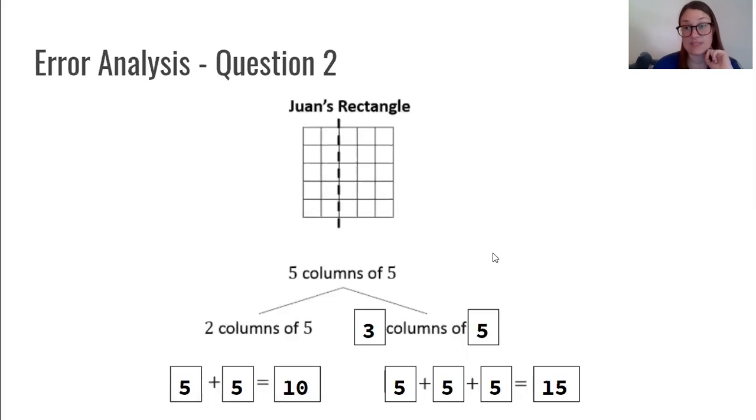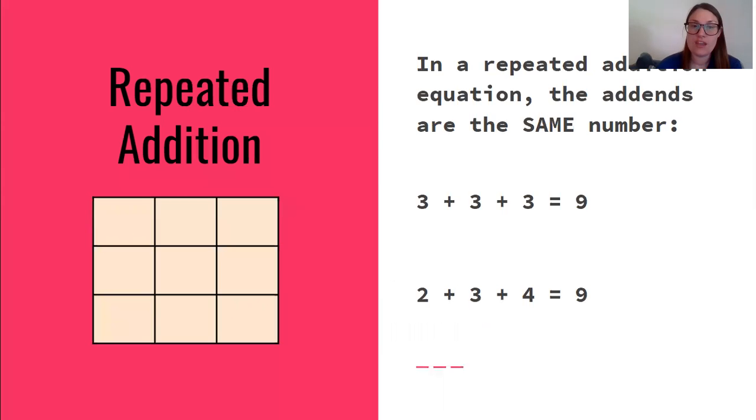And we know that 10 plus 15 is 25. So what Juan did is he simply split this array into 2 smaller parts so that he could figure out the total. Just like when we have the total and the part with the number bond. Okay. One more and then we will be done.